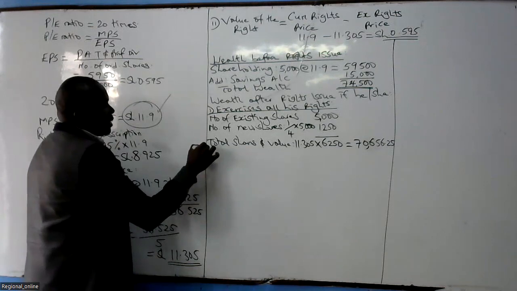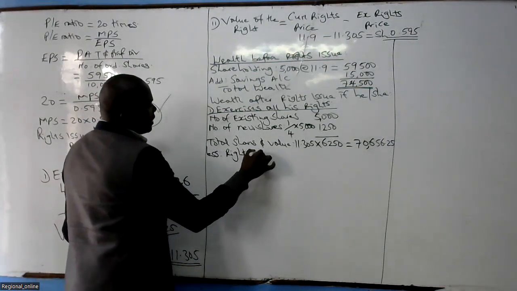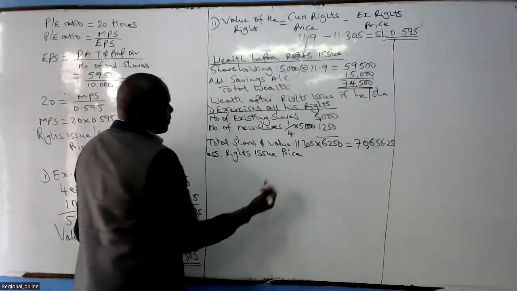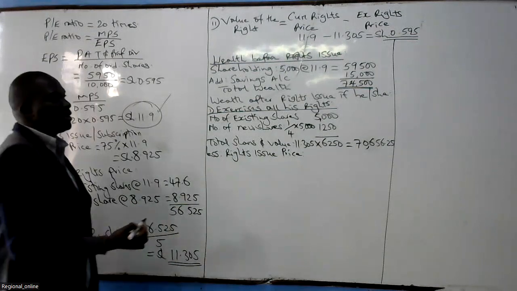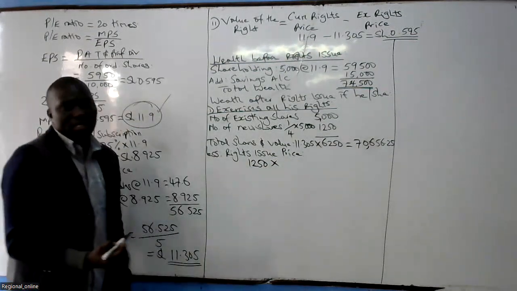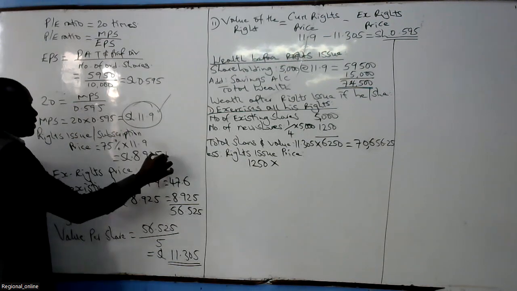So here we deduct the rights issue price. How many new shares was he given? 1,250. And each share was sold to him at how much? What was the rights issue price per share? 8.925, it is here in black and white.